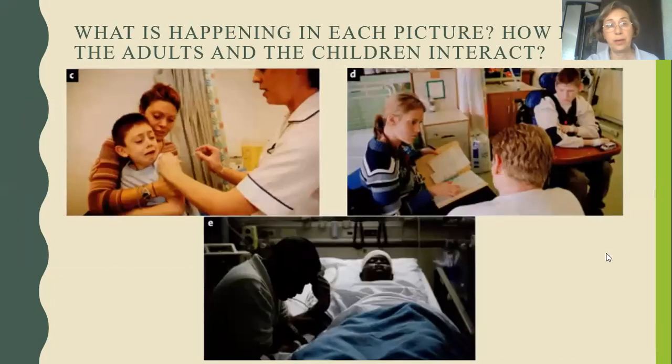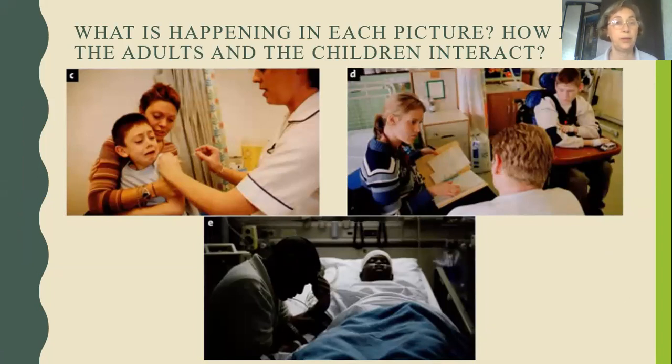And if we move to the next picture, picture C, let us listen to Jeren. Jeren, what can you see in picture C? There is a nurse and a patient. Uh-huh. And what is the nurse doing? She's doing an injection.